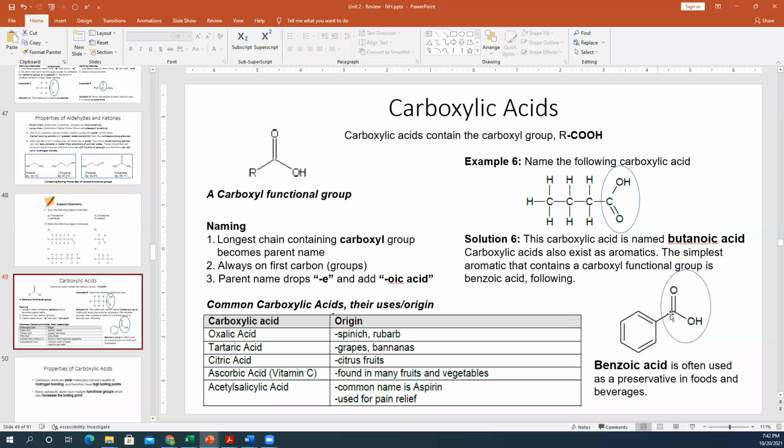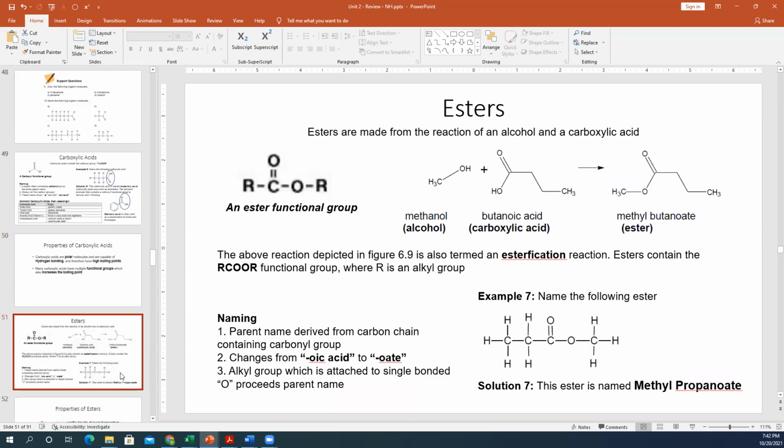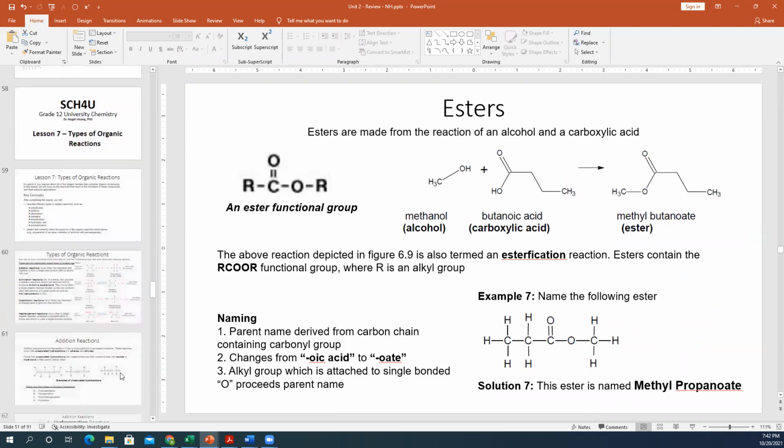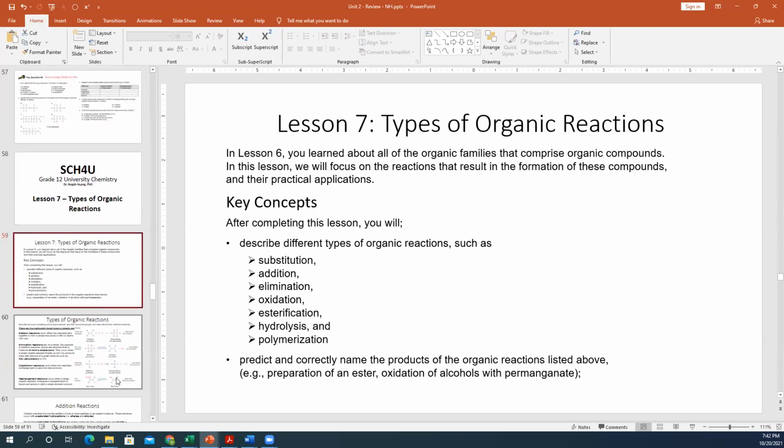You've got the benzene with a COOH on it, so benzoic acid. Esters, yeah, again, the same rules apply everywhere. Review them. And types of reactions.